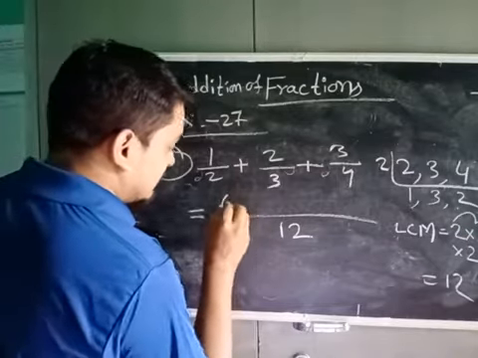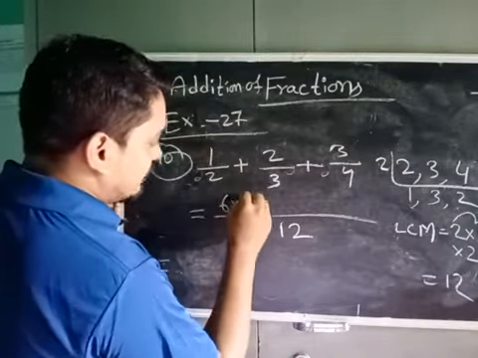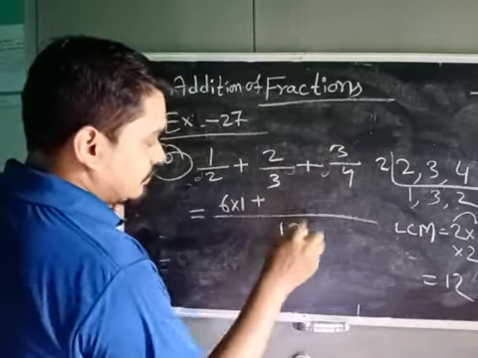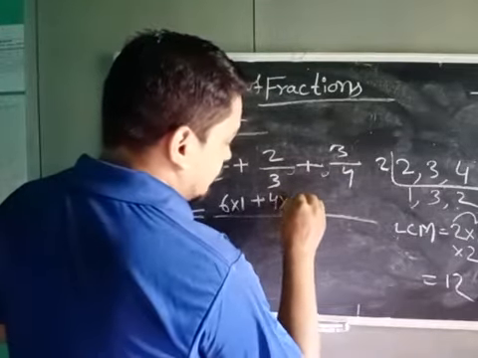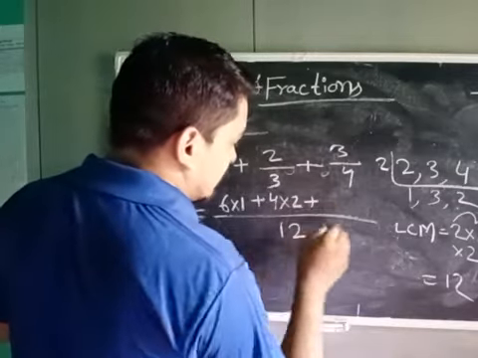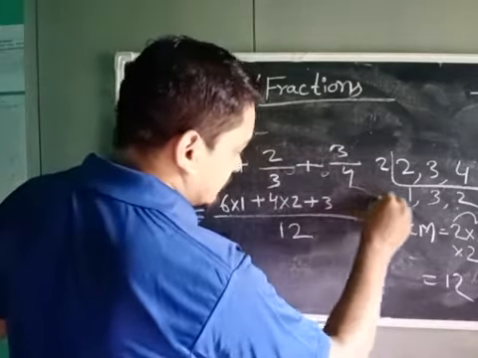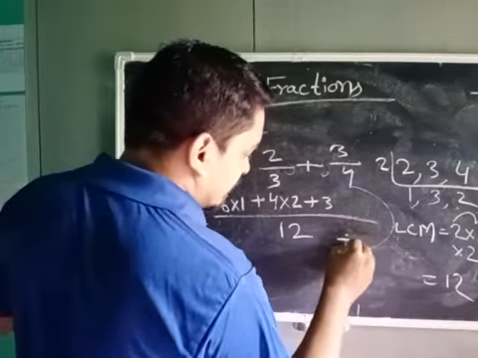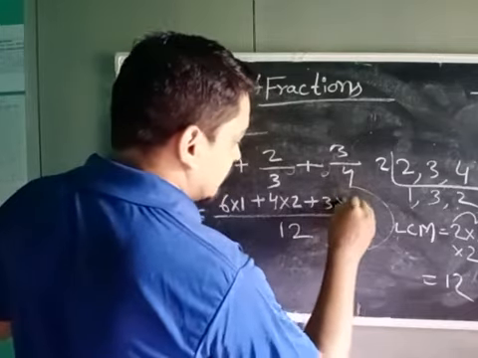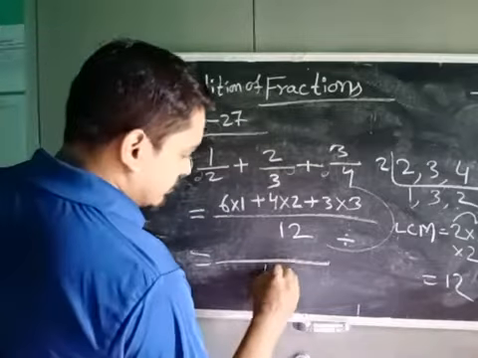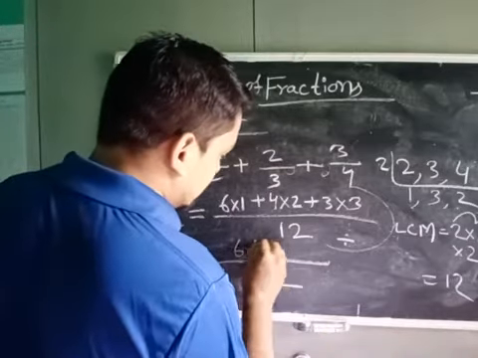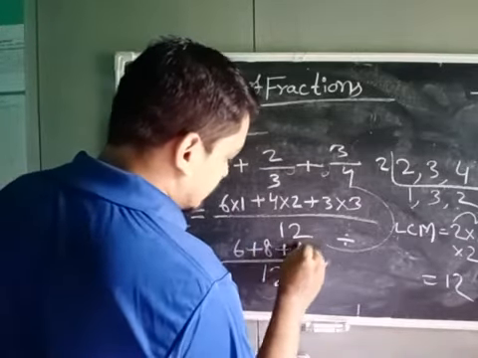We will get 6 into what we have in upside, 1, plus, if we divide 12 by 3, then 4 into 2 we have already in upside, plus here will be 3, because if we divide, then we will get 3, into 3 we have already. So you see in downside 12, here 6 plus 8 plus 9.